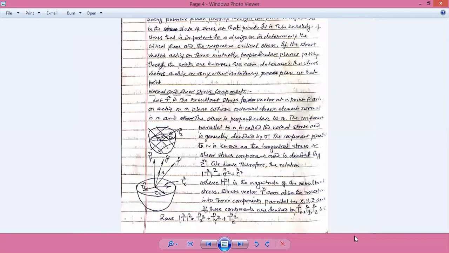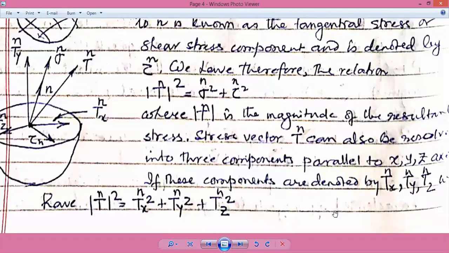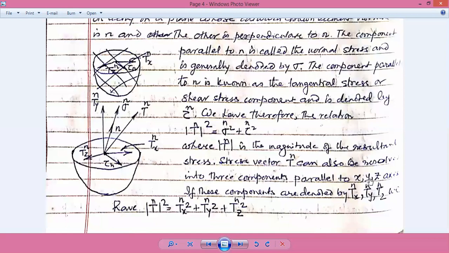At the same time, this stress vector T can also be resolved into three components parallel to the x, y, z axes. These components of the resultant vector are denoted by Tx, Ty, Tz, all with n as a superscript because the resultant T is acting on a plane whose normal is n. So T squared is equal to Tx squared plus Ty squared plus Tz squared. The square of the resultant will be the sum of the squares of the individual components.